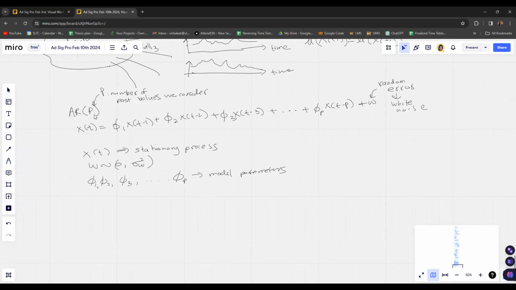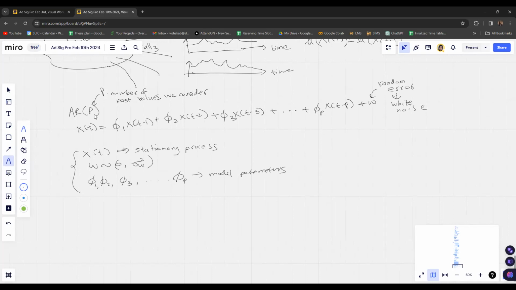This is related to the AR model that we have. The AR model is defined by these parameters: xt gives the value of the x process at time t.